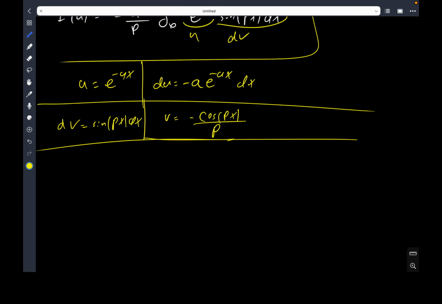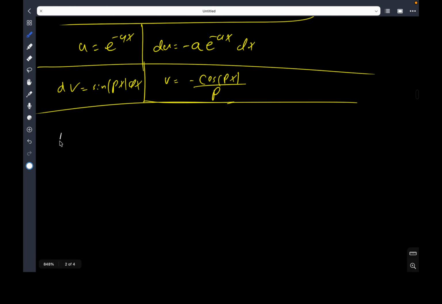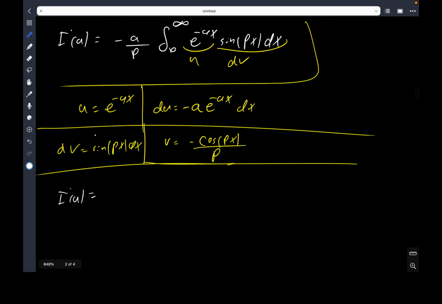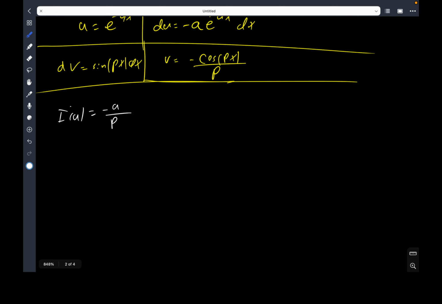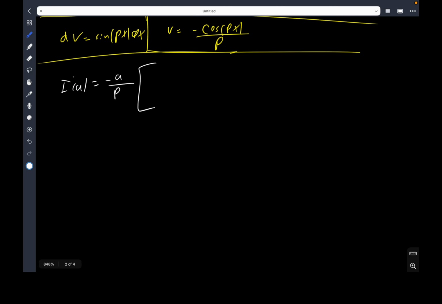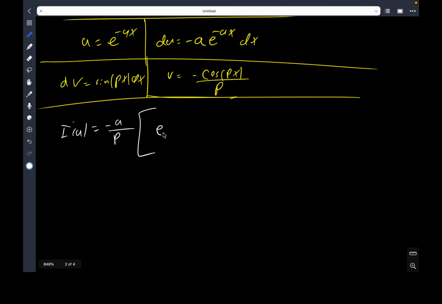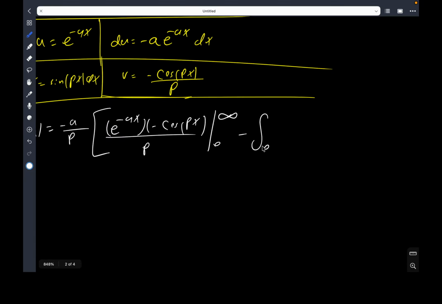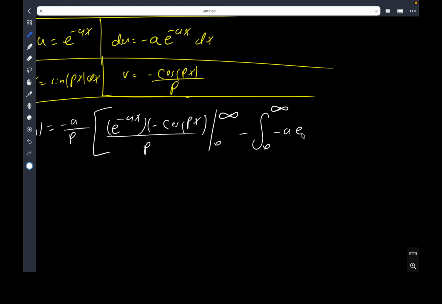Now, if I do the integration, I prime of a is going to be negative a over p times e to the negative ax times negative cosine of px over p, the limit from 0 to infinity, minus the integral of negative a e to the negative ax times negative cosine of px over p dx.